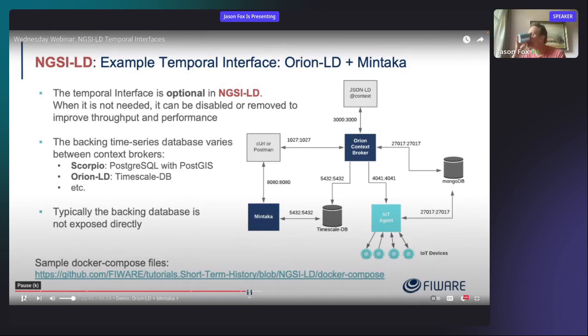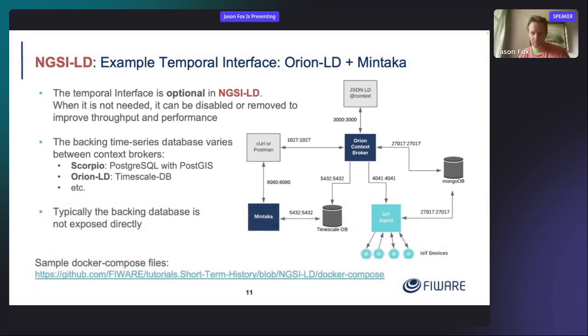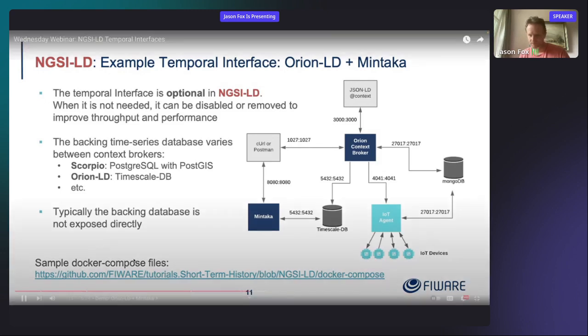Now, the point here is that from this diagram, the backing database, in this case Timescale, is not necessarily the same between different context brokers. If you were to use Scorpio, you'd be using Postgres. If you're using Orion, you'd be using TimescaleDB. That might change in a future version.